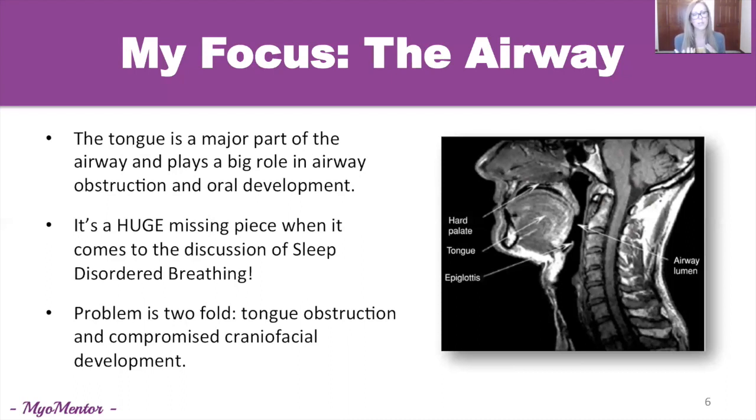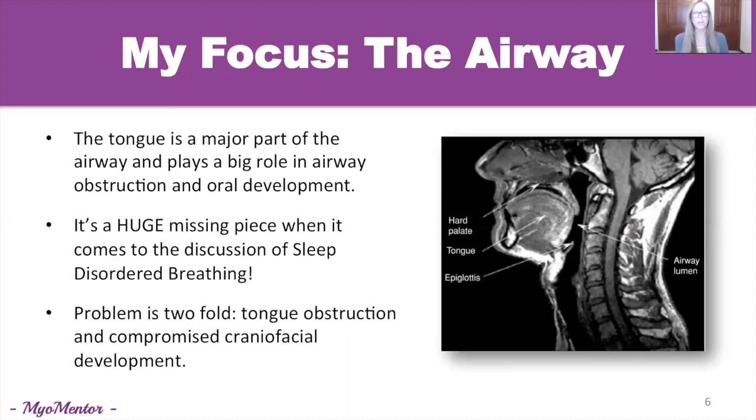Talking about the role of the tongue, I think it's missed a lot. I was Googling this just to be able to share it, and if you search what causes sleep apnea, it's weight, neck size, and people who have deviated septums and lots of allergies. So we have the tip of the iceberg that we're connecting to this stuff, but really the problem is twofold. If you have your tongue in the wrong place, yes, it obstructs your airway, or it has potential to.